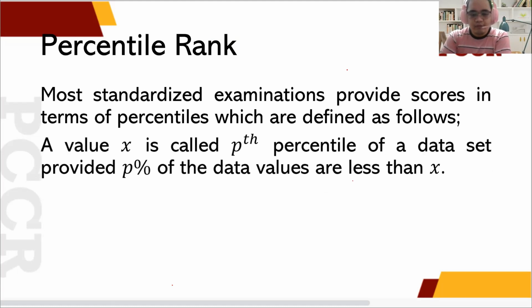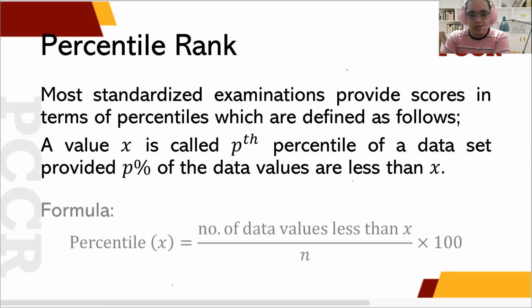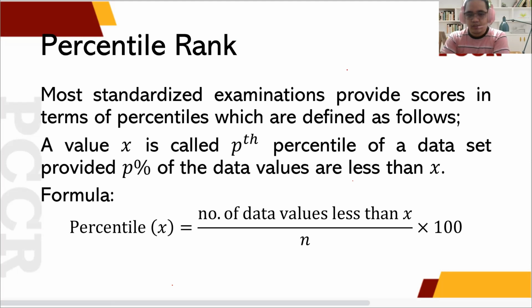Okay. So a value x is called the pth percentile of a data set provided that p% of the data values are less than x. So therefore, the formula is you just count how many of the respondents are less than that particular score, then divide by the total respondents times 100.